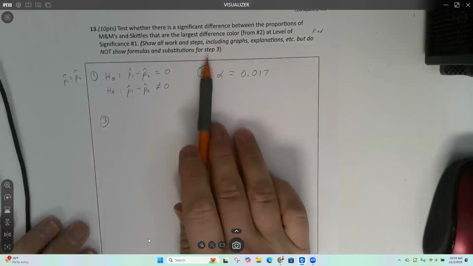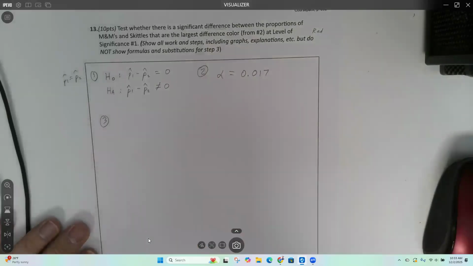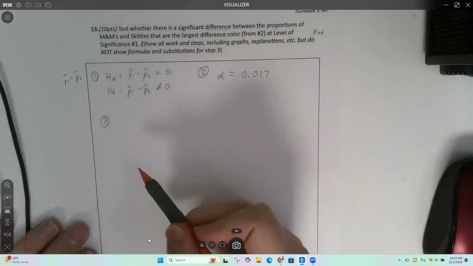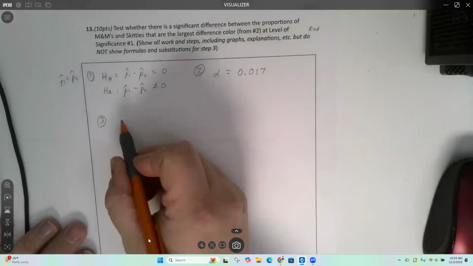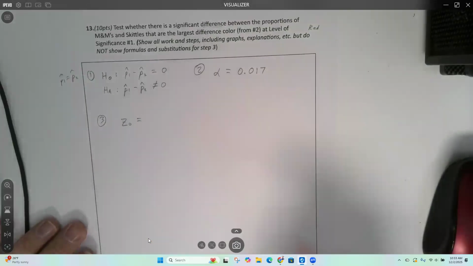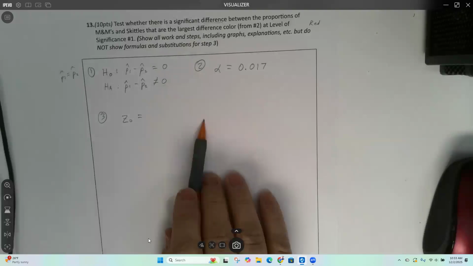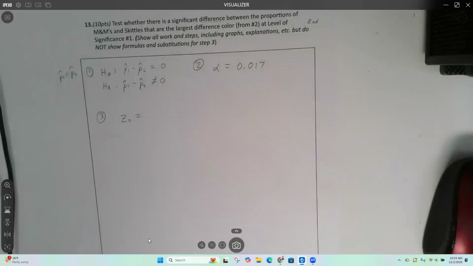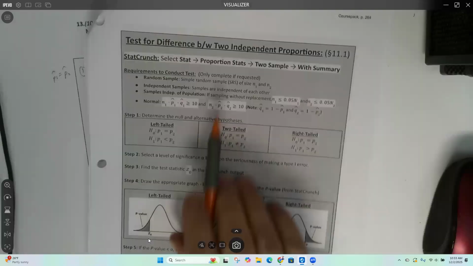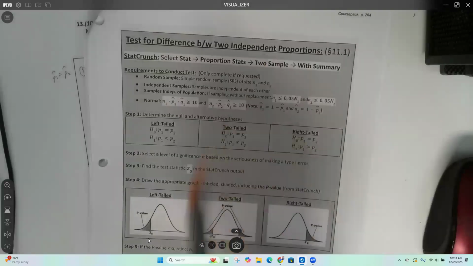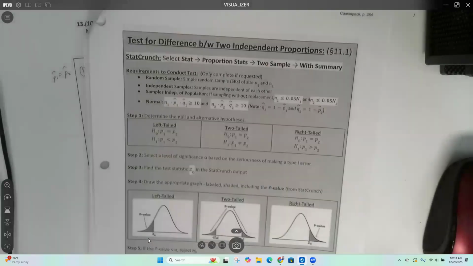Step 3, we're going to find the z statistic. Unlike the hypothesis testing we did in chapter 10, where we wrote out the formula and then did some substitution, we're not going to write out the formula for when we have two different independent populations, just because it's pretty complicated.